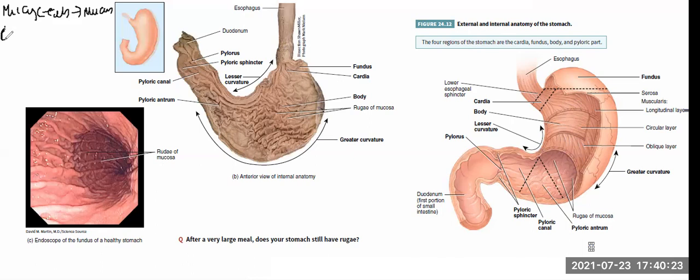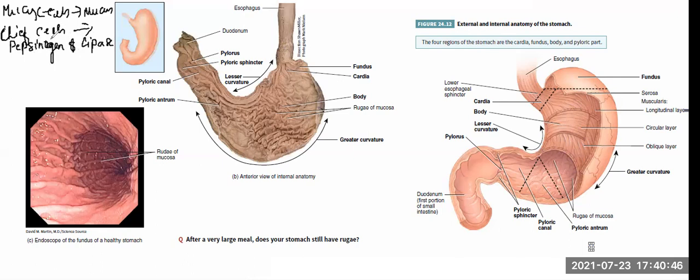Then you have chief cells that secrete pepsinogen and gastric lipase, right? Pepsinogen is an inactive form of pepsin.